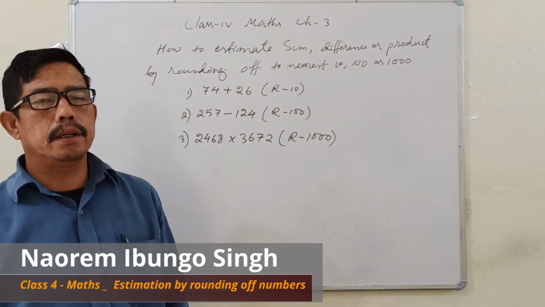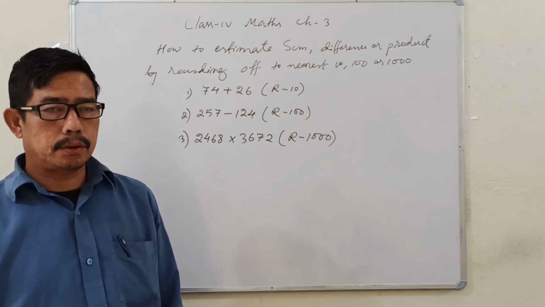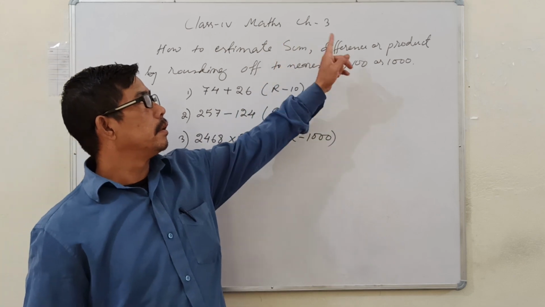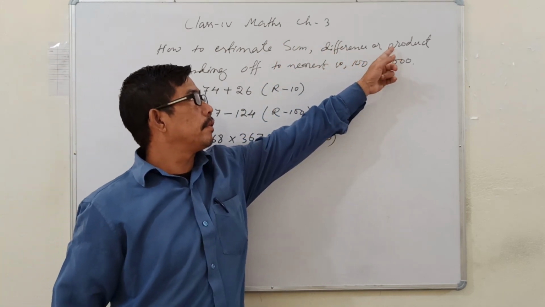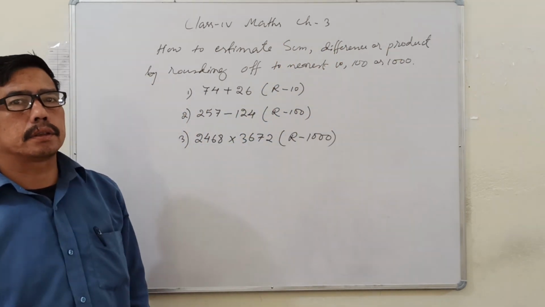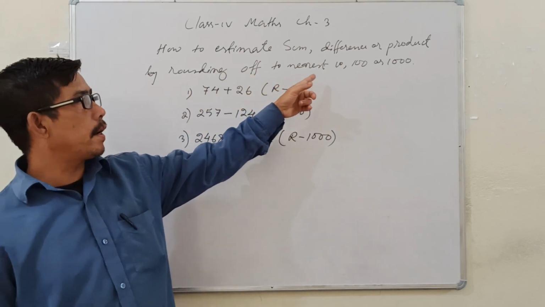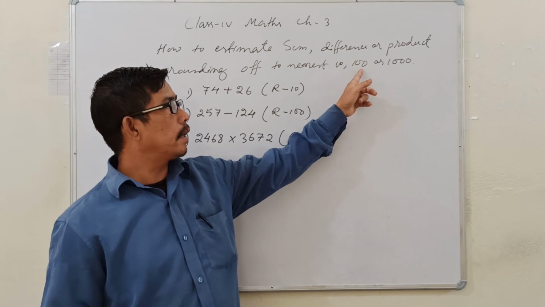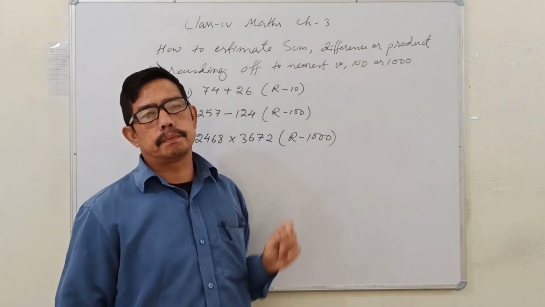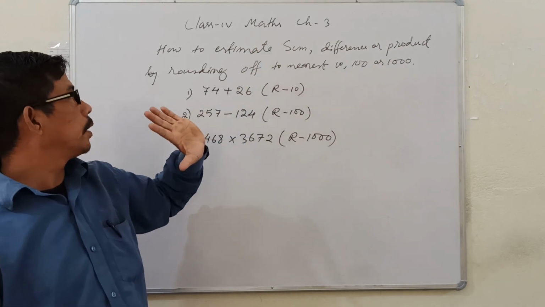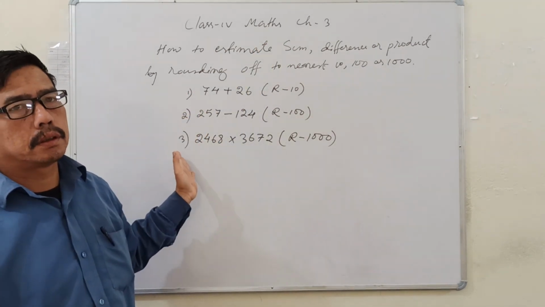Today from chapter 3, we shall discuss the topic how to estimate the sum, difference or product of two numbers by rounding off the numbers to nearest 10, 100 or 1000. So to know this, let's pick up three examples.